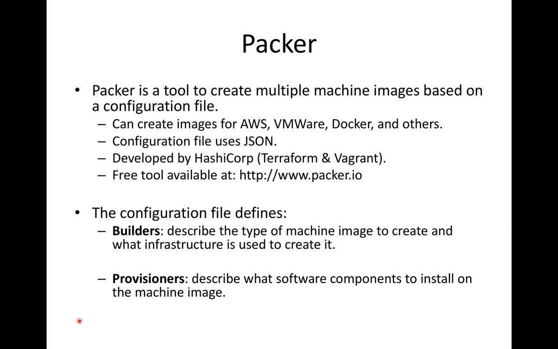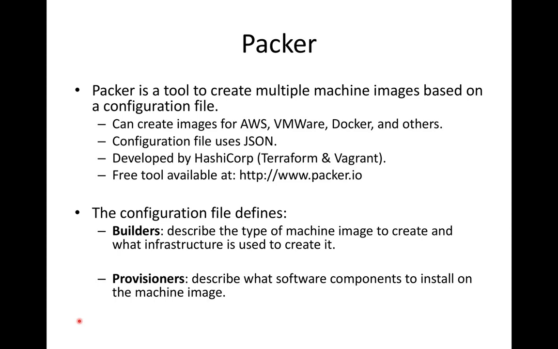When you use Packer, it's building the AMI based on this configuration file, this JSON file. Within the configuration file, you'll see two general sections. You'll see a section which defines builders and a section which defines provisioners. A builder basically describes the type of machine image that you want to create.